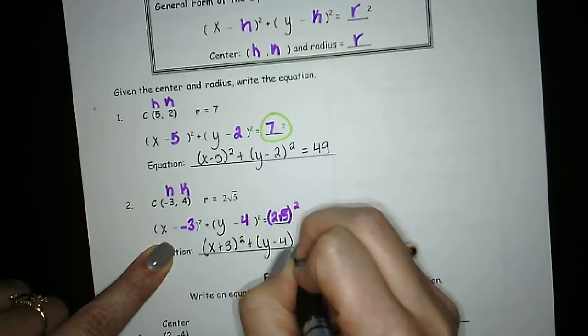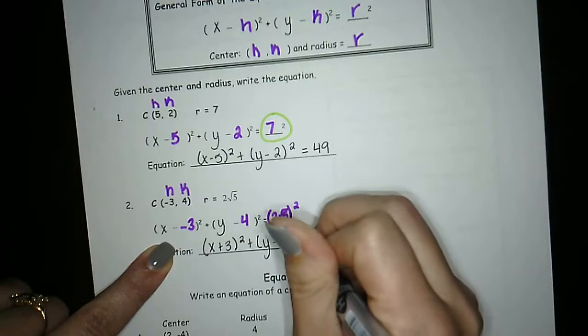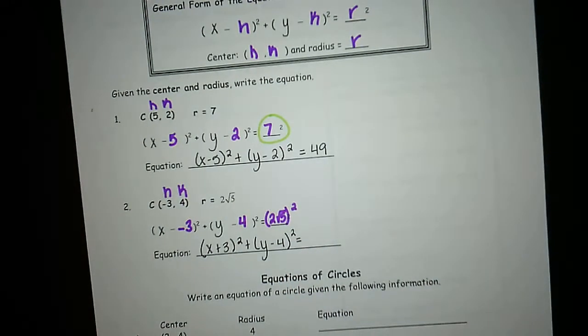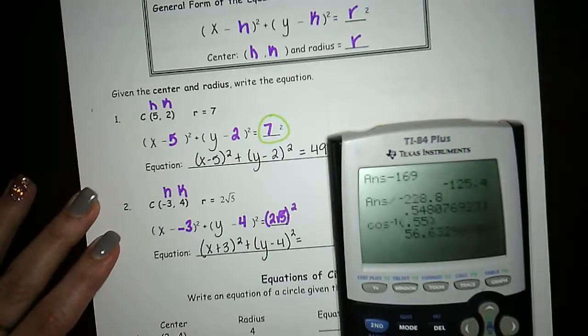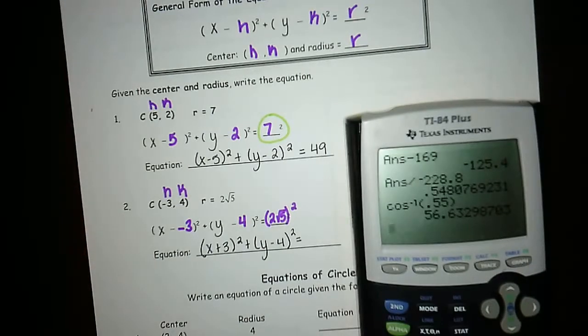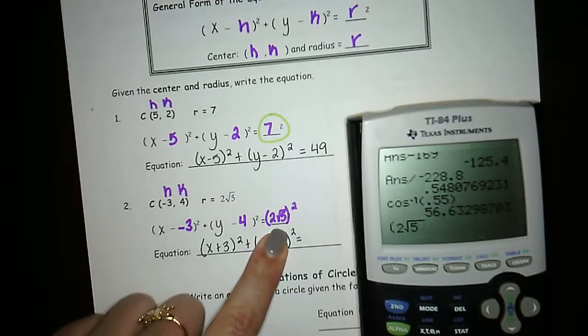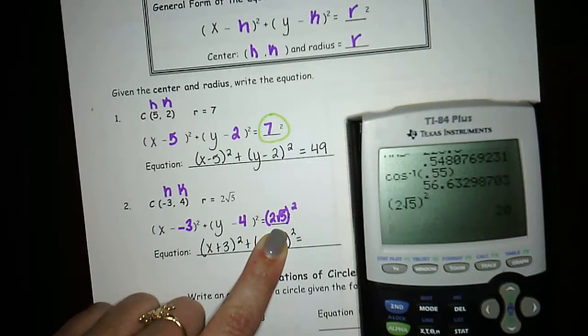Still y minus 4. And then this other part, all you have to do is put it in your calculator. Again, if it's a calculator portion of the ACT and SAT, use your calculator for these basic functions so you don't lose points off of this. Make sure when you're under the radical, you arrow over to get out of that. Square it, and you get 20.